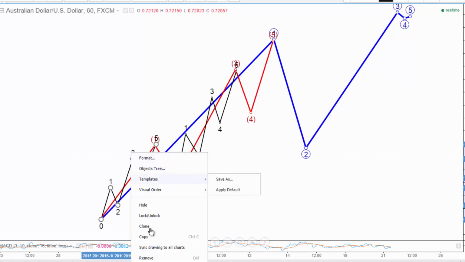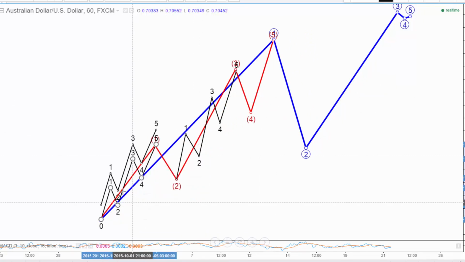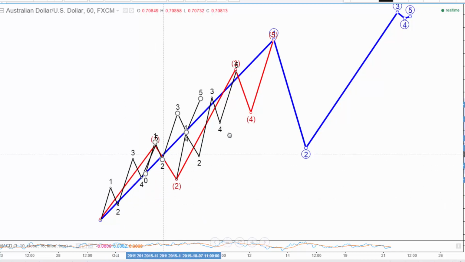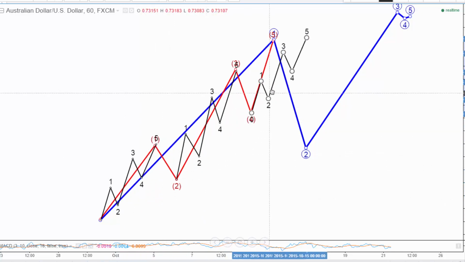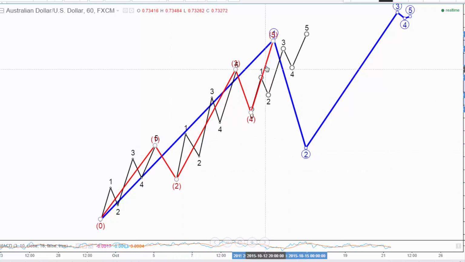And let's just clone this again one last time, and we'll get everything organized.